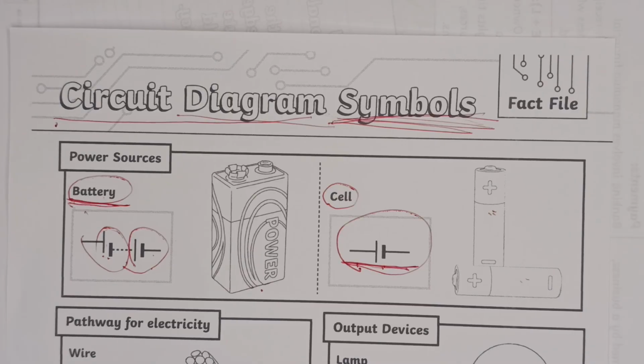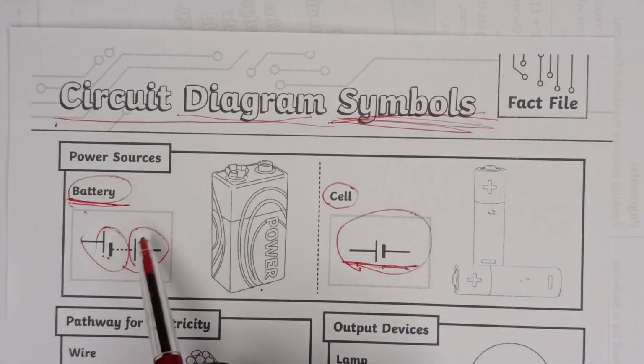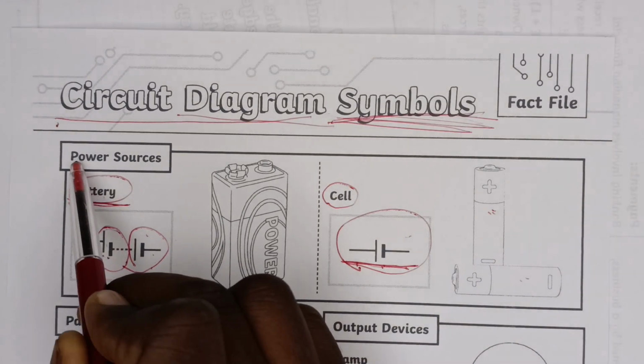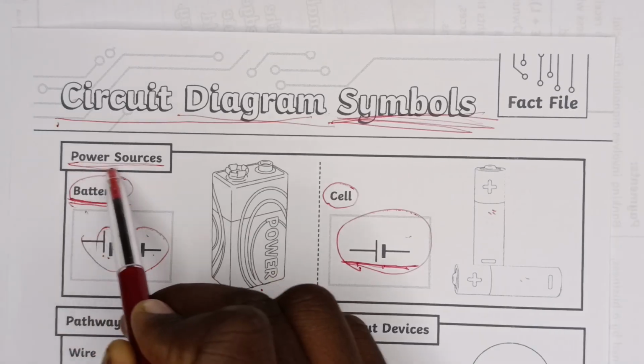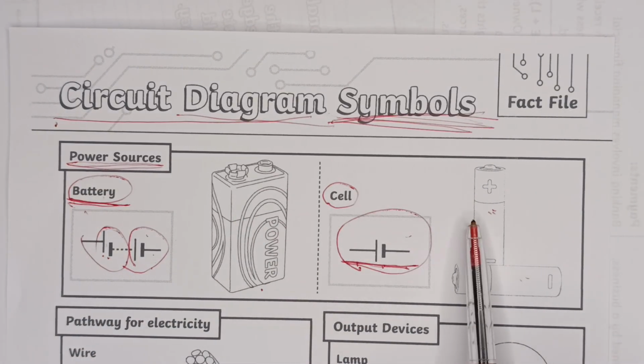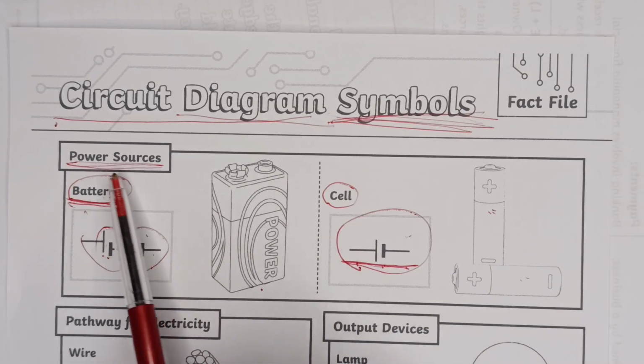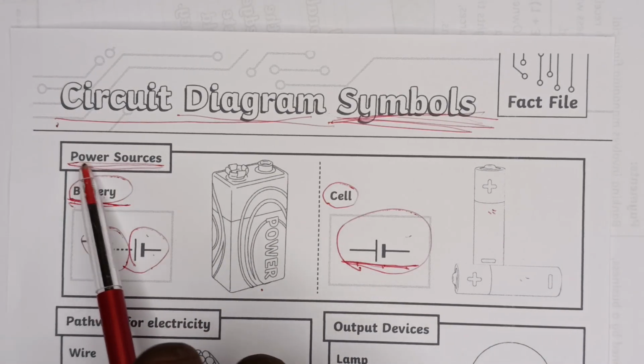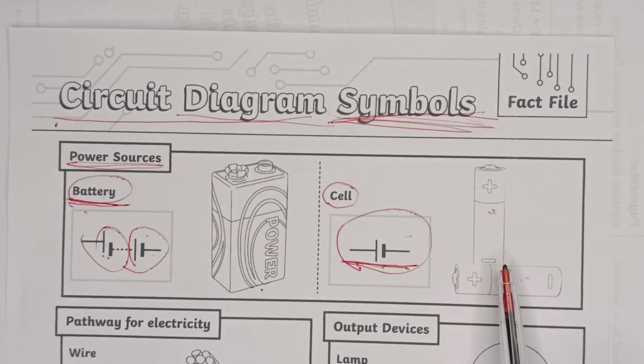Another thing that I forgot to mention is that these are your power sources. So a battery and a cell give power to the circuit. Their function is to produce power for the circuit. They are the source of power.